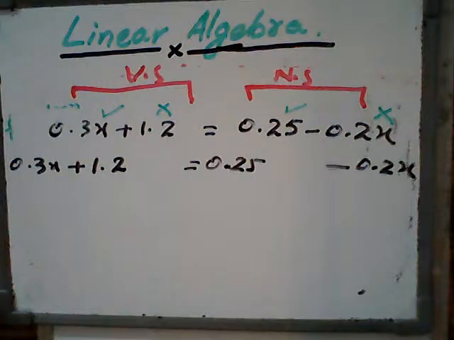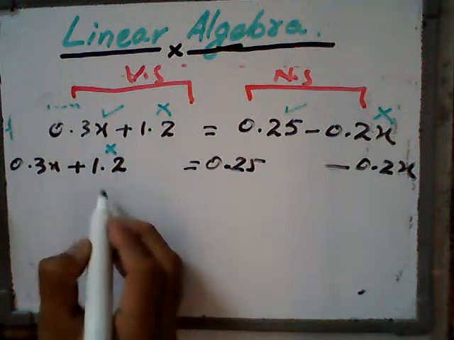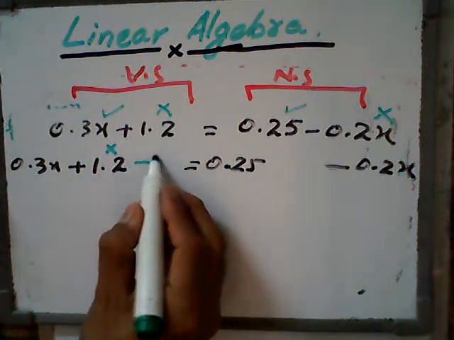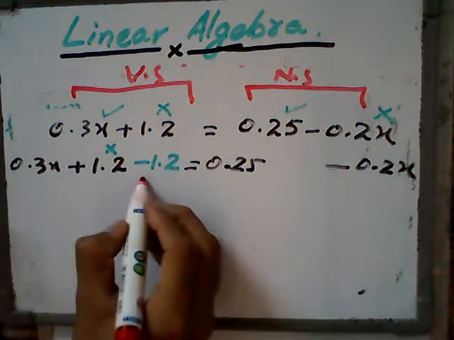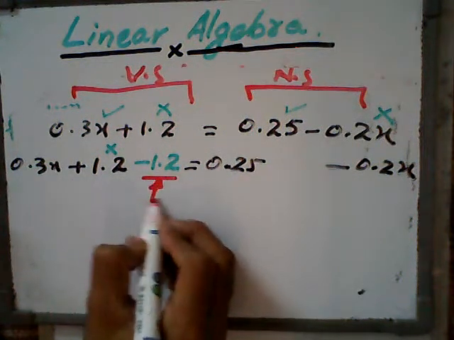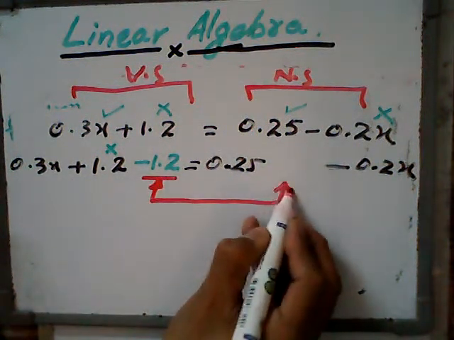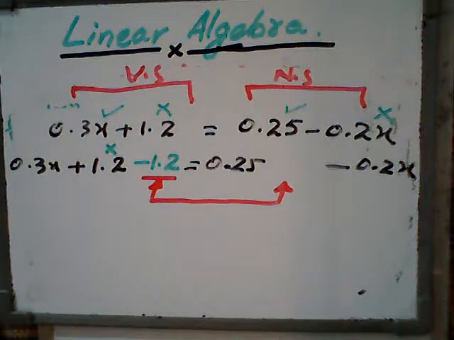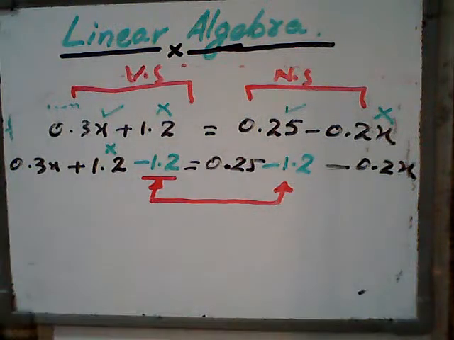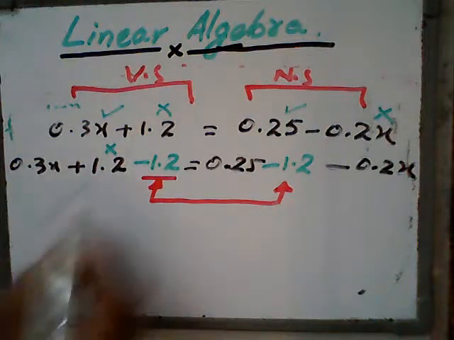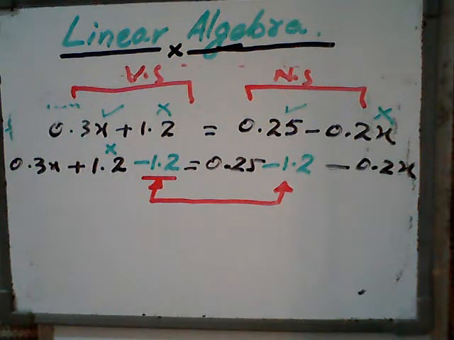Now how to remove this one? This was at the wrong place, so this will be dealt with minus 1.2. Because we are doing this as minus 1.2, this makes the equation unbalanced, so we'll balance it by putting the same minus 1.2 here. So now the numbers are simplified, these two numbers cancel.